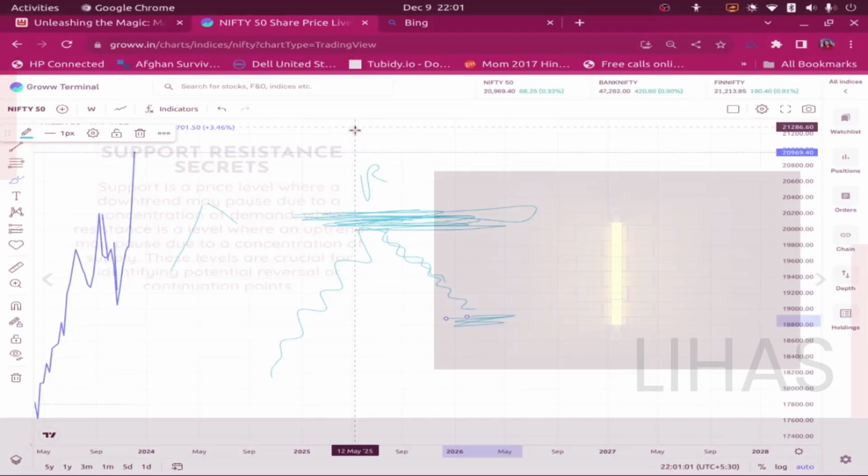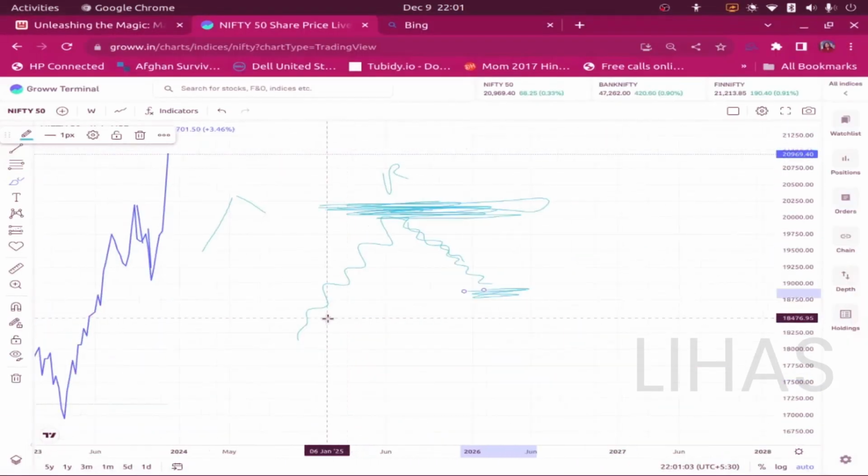And that same thing is happening over here. This was an uptrend, but due to some reasons this uptrend was reflected, so it's the resistance level, and this was a downtrend, and due to some reasons this was reverted. This is a support level.